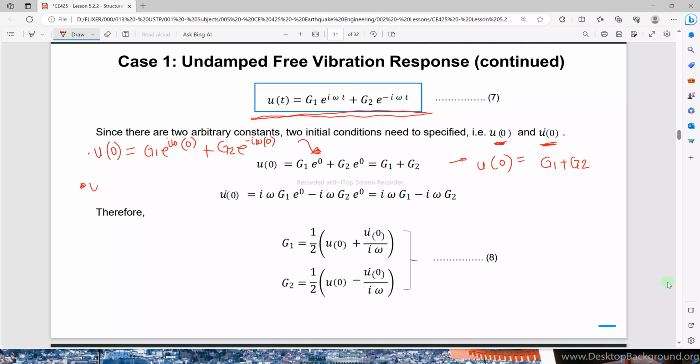How about the second condition, the U dot of 0? Our U dot of t is equal to i omega G1 minus i omega G2 times e to the negative i omega t. Earlier, we just differentiated to get U dot of t, and then we try to get the U dot of 0.